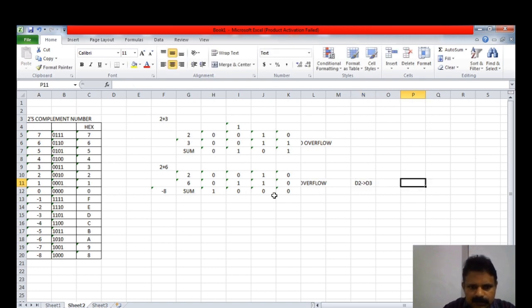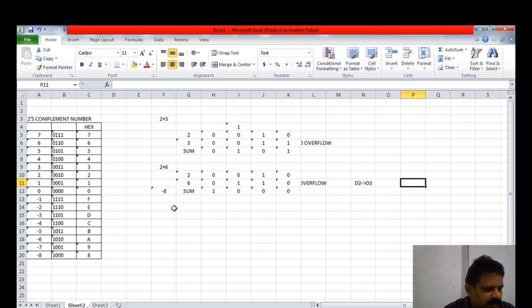Now we will say there is an overflow. See, in the context of unsigned numbers, this is correct: 2 plus 6 is 8, the pattern is 1 0 0 0. But in the case of signed numbers, the answer is not correct. That is the matter, and it is represented by a flag. That is our overflow flag.